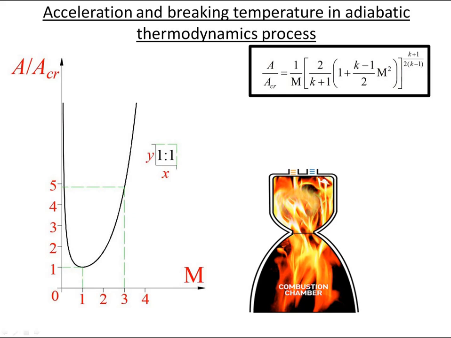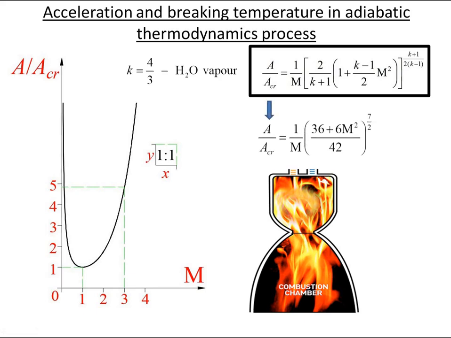First, this plot is for water vapor gases, hydrogen and oxygen, or hydrogen peroxide as rocket propellant. The graph is divided into two parts: subsonic gas flow, this region here, and the critical velocity region.